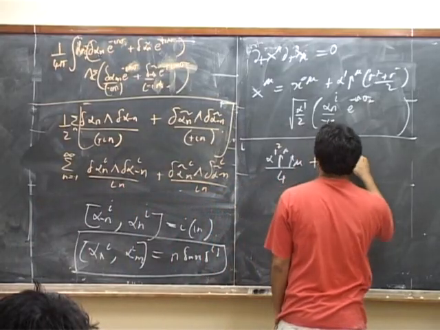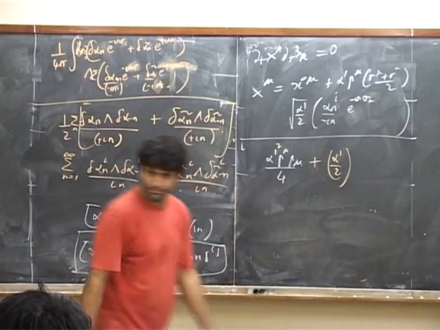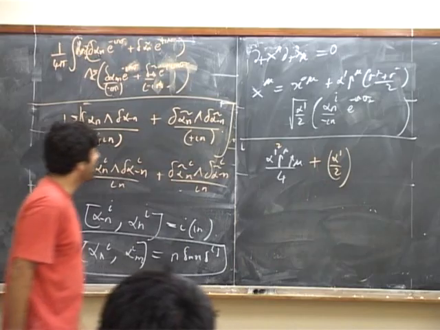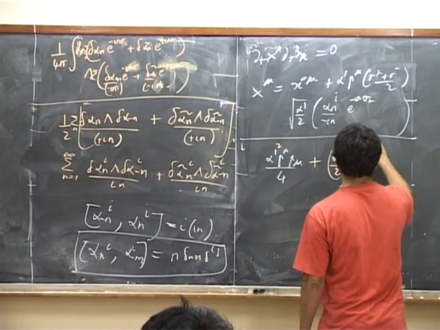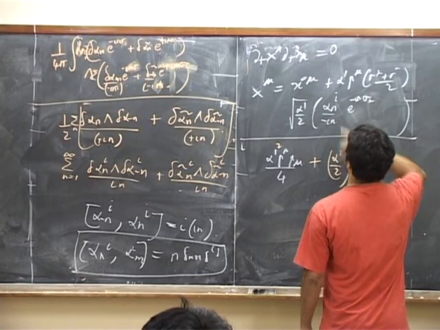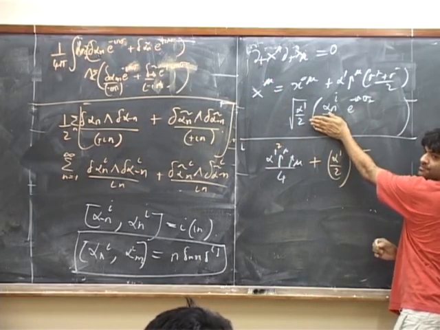Well, we get alpha prime by 2 because we've got something squared, and then we get the sum. You see, now when we take the del plus of this, these exponentials vanish.